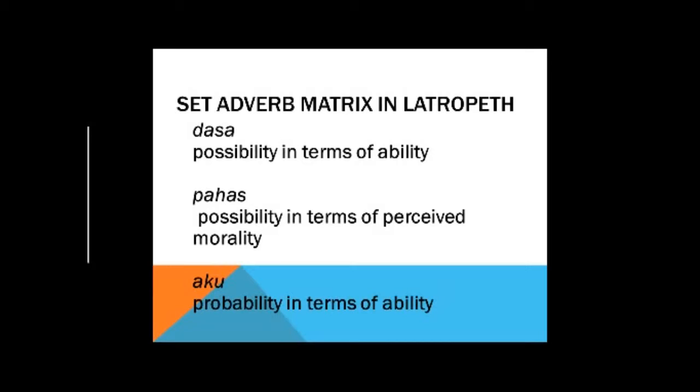Dasa, expressing possibility in terms of ability. Pahas, possibility in terms of perceived morality. Aku, probability in terms of ability. So this is probability in terms of ability, where the top example is possibility in terms of ability.